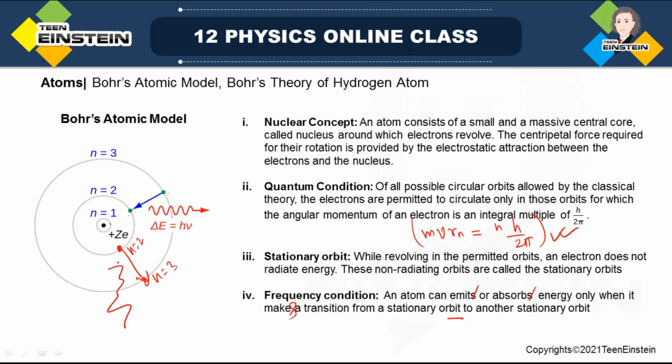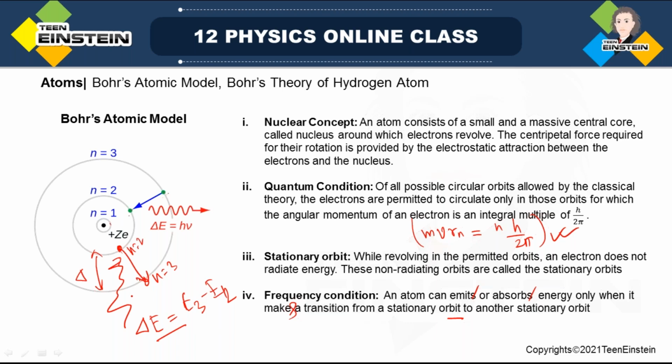But how is it possible? Suppose the energy difference between these two orbits is E3 minus E2.